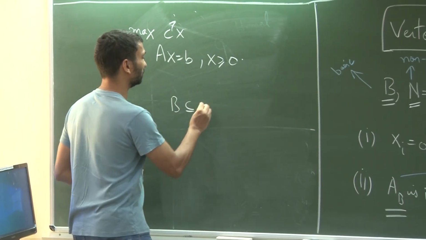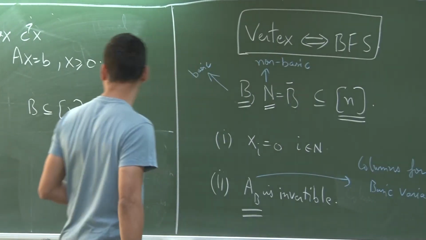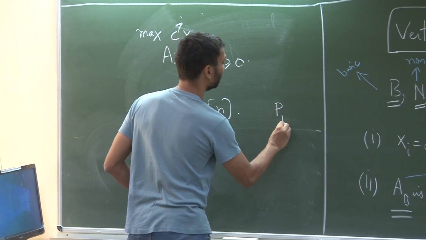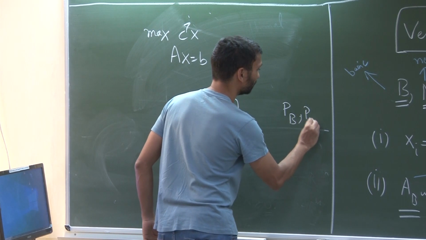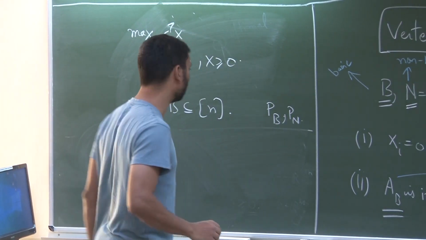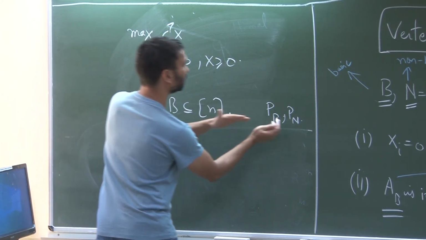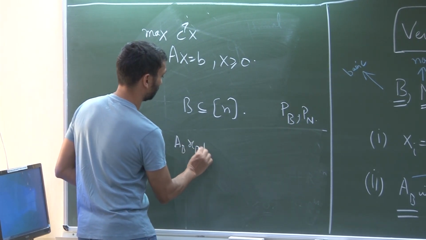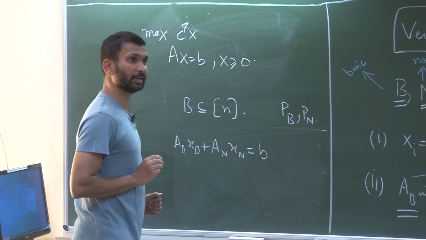Let's say I have a basic subset which corresponds to a BFS, and let's say my solution here, the actual solution, is p_B, p_N, right? But forget about the actual solution. At any point, I can write my equation like this.